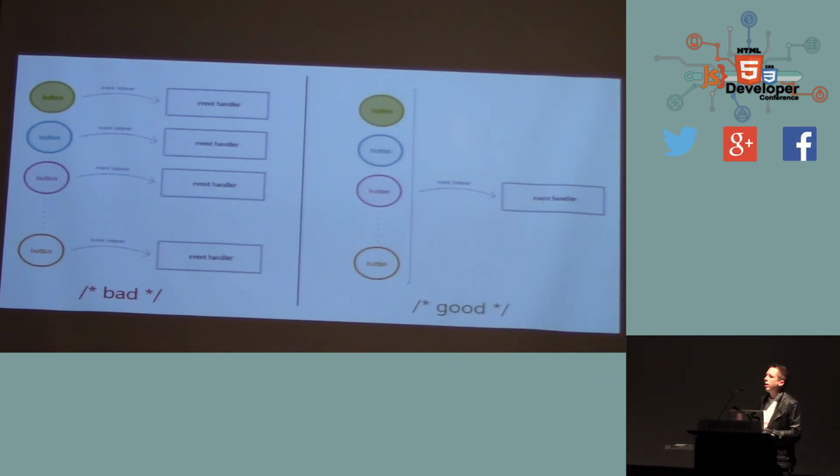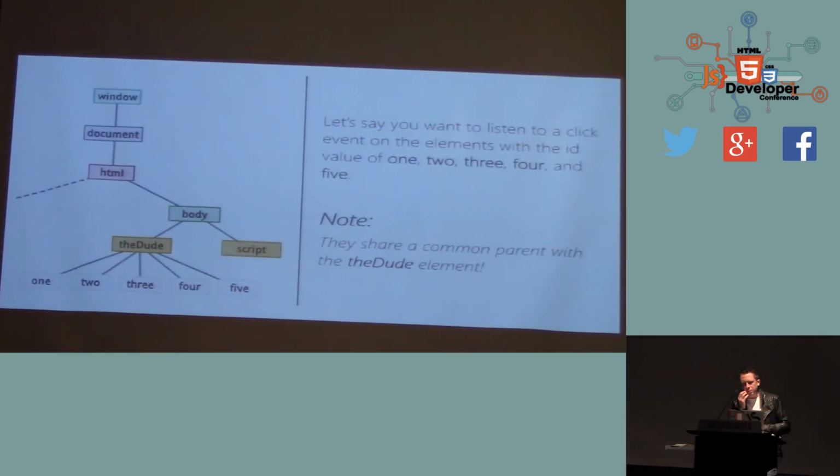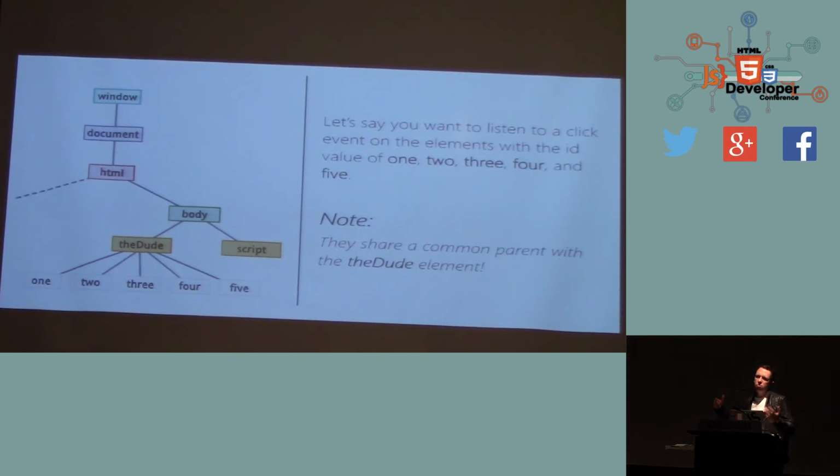That better way is to use a single event handler and the magic of event bubbling for all of your objects that are going to use a similar type of event handler. Explained a slightly different way: if I've got objects 1, 2, 3, 4, and 5, they've all got a common ancestor. And because of event bubbling, that ancestor receives all the click events from its children.